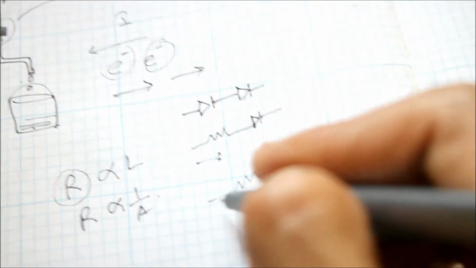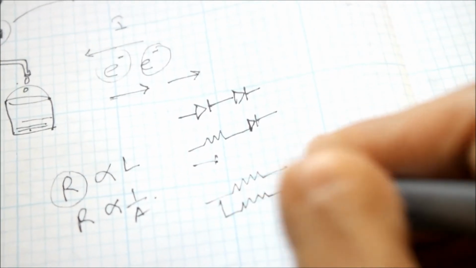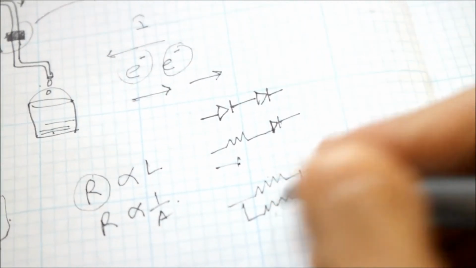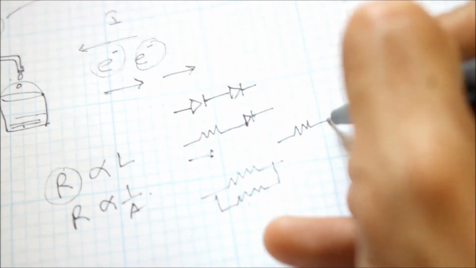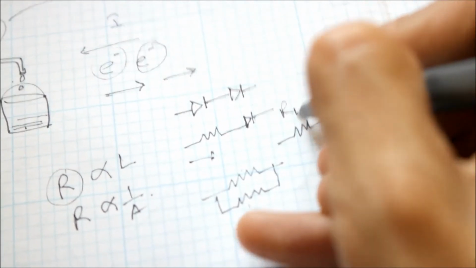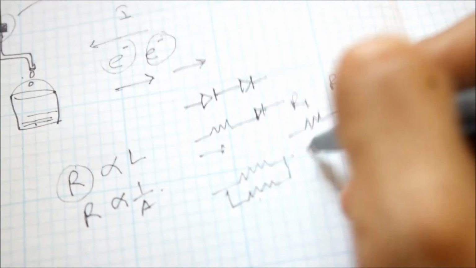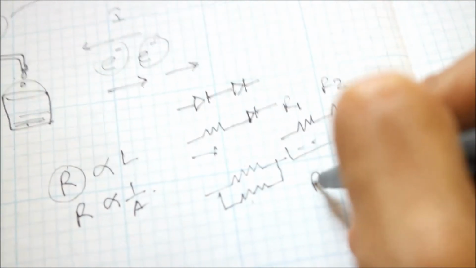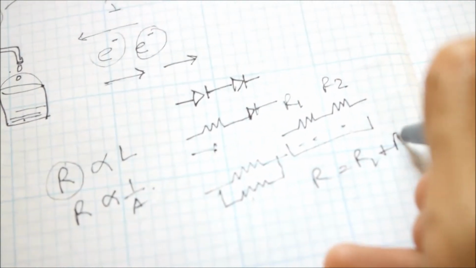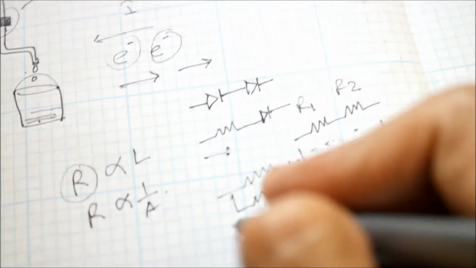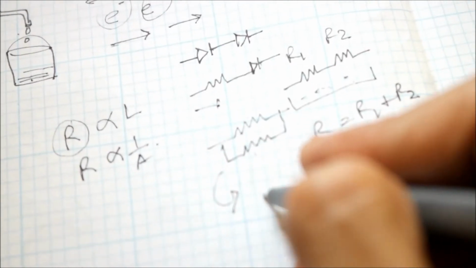Something called parallel means everything will be in parallel. So these 2 resistors are parallel, these 2 resistors are in series, R1, R2. So the equivalent resistance of this whole length is R1 plus R2 for series. For parallel, it's not the same.